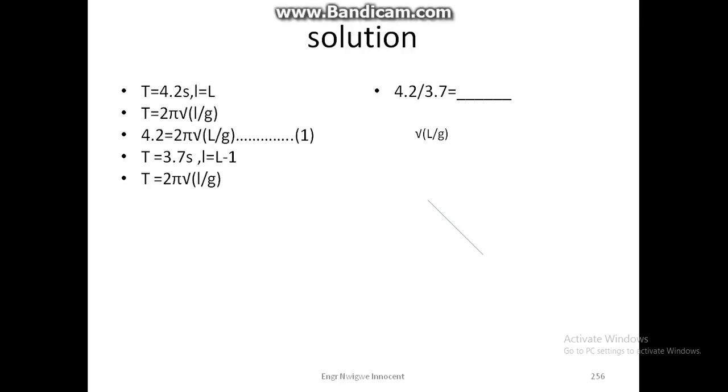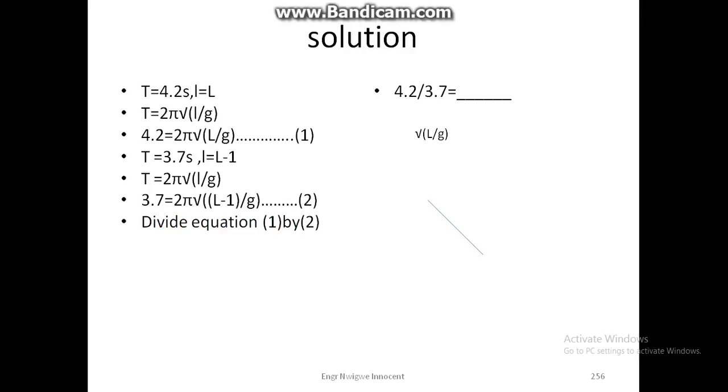Using the formula for the period, T equals 2 pi square root of length over g, and replacing the values, we have 3.7 equals 2 pi square root of the original L minus 1, all over g. This will be our equation 2.